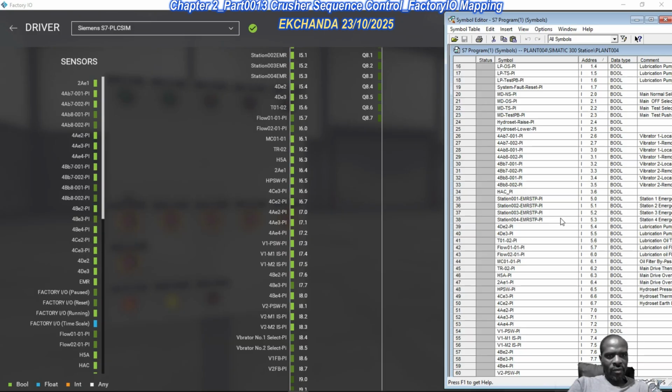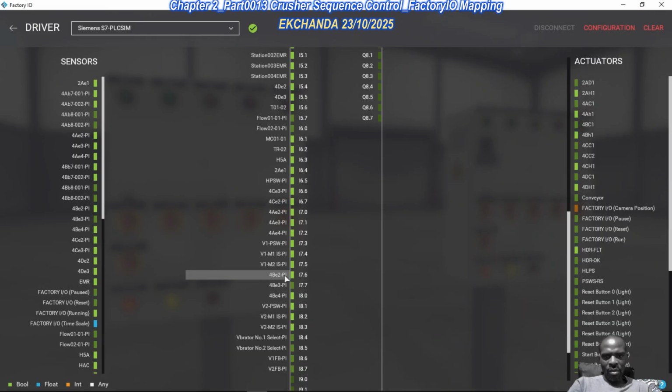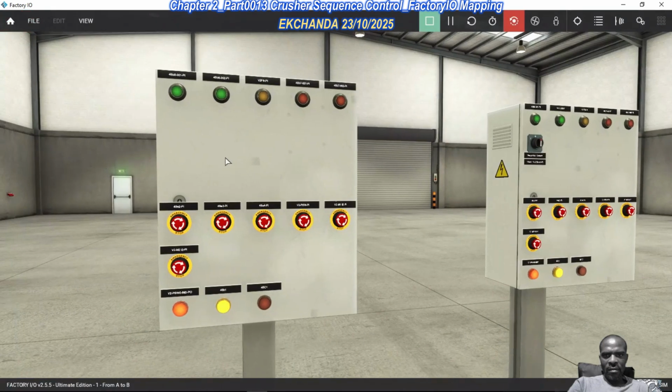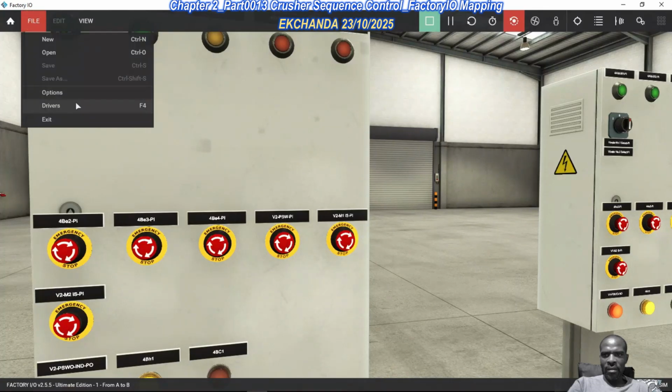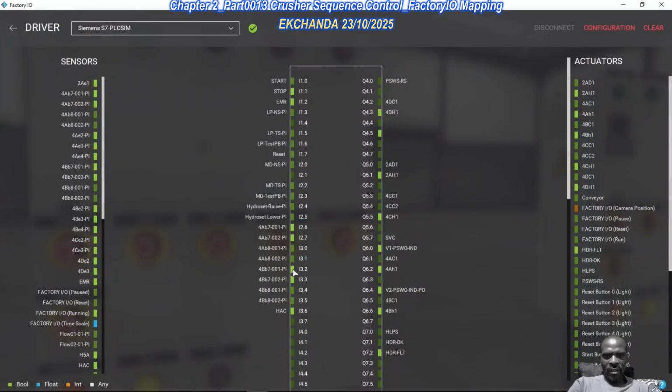So 4BE2 and 4BE3, we're using all the protection inputs as normally closed true states. Then 4BE3, why would 4BE3 not be true?